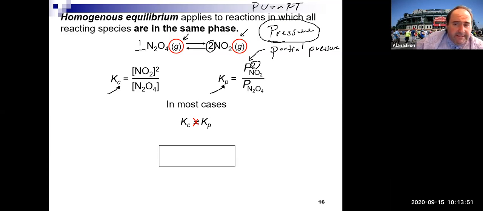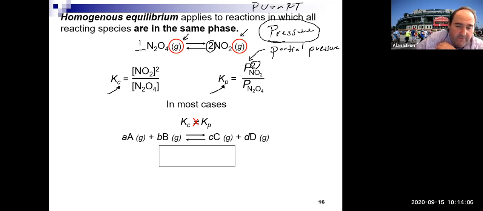So in certain cases, you may need to calculate the Kc and you only have information about Kp, or pressures, and vice versa. Maybe you need to calculate the Kp and you only have concentrations. So there is a way that we can go between those two, and that is using this equation here. Kp equals Kc (RT) to the delta n.